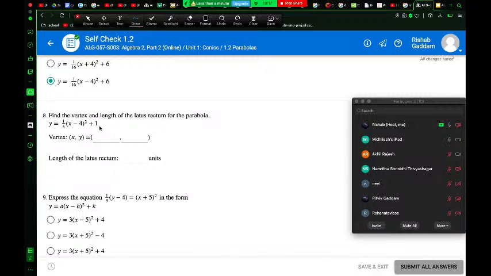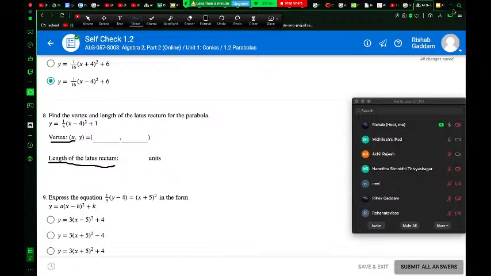Find the vertex and length of the latus rectum of the parabola. Yeah, so from that you can tell that it's asking you for the vertex and the length of the latus rectum.